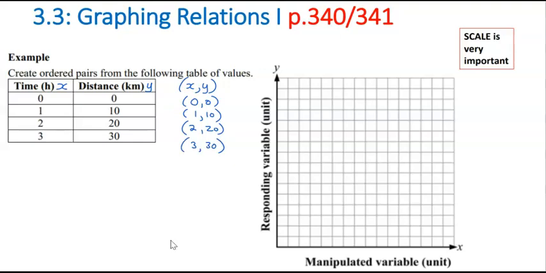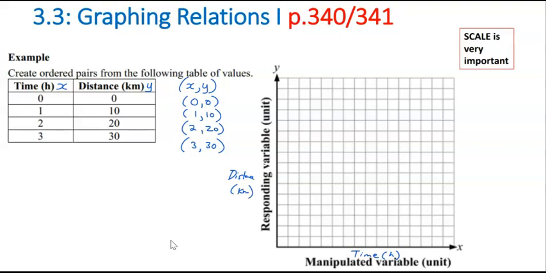But this graph is not set up for us. So our manipulated variable, the one that is our influencer, that's our time, that's going to go down here, and we're going to label it in hours. And our distance in kilometers is going to go on our y or vertical axis.